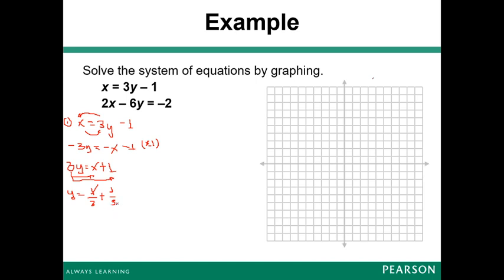Now look, we have the slope here. When we are speaking about the slope, it's the change in y over the change in x. The slope is 1 over 3, so we have to move 1 position and 3 positions.